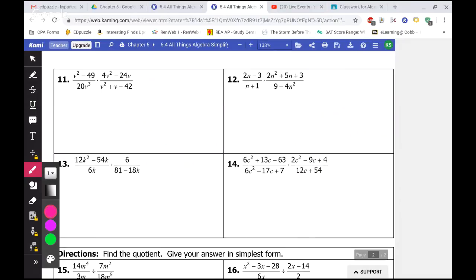So that's going to factor very quickly and easily to v plus 7, v minus 7, all over 20v cubed. Can't really do much with that. It's just a monomial. And then this second rational expression, I can factor a 4v out of the top.